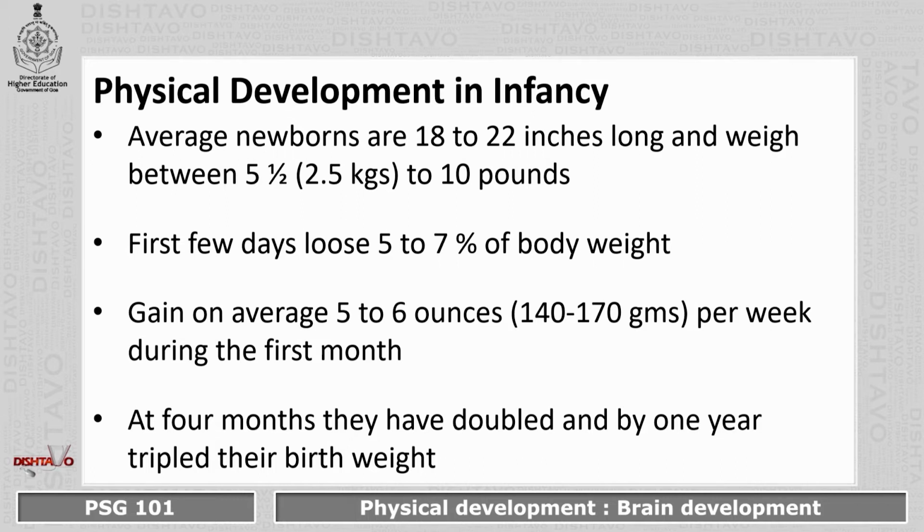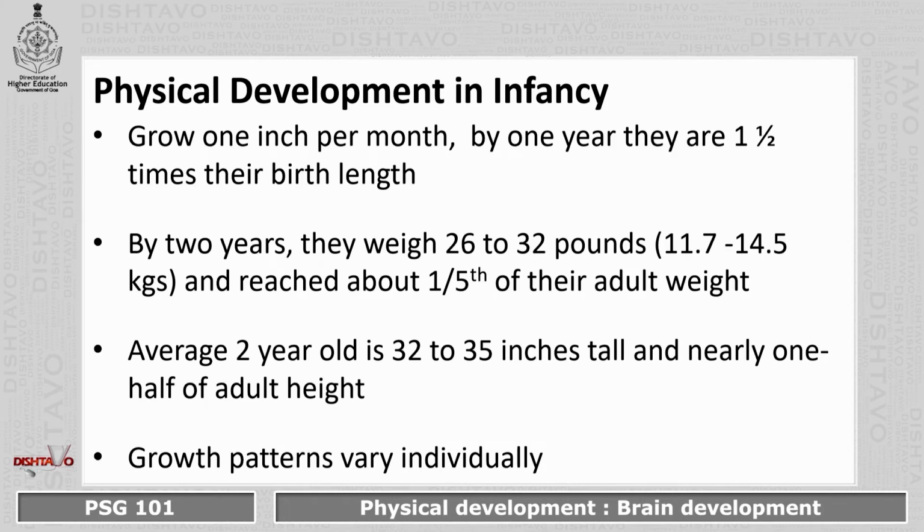By the time they are 4 months, they have doubled their birth weight and have nearly tripled it by their first birthday. Infants grow about 1 inch per month during the first year, reaching approximately 1.5 times their birth length by their first birthday.